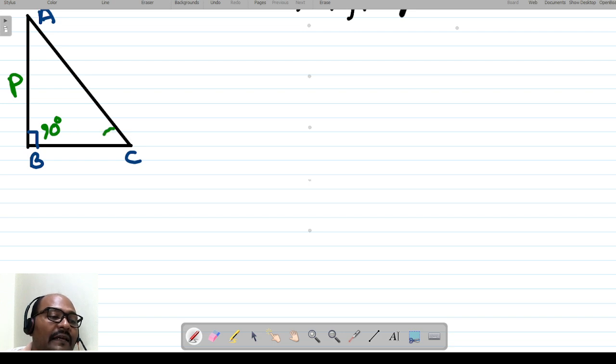And suppose this angle here is theta. Mark it, students, this is opposite to P. You can see theta is opposite to P, right?